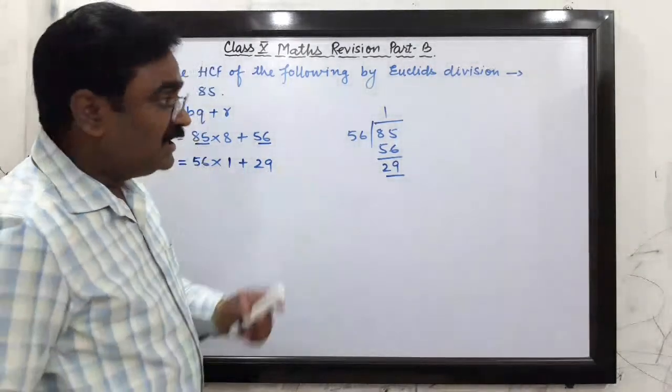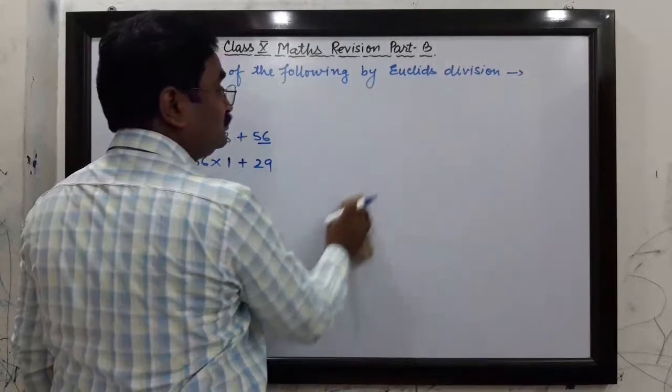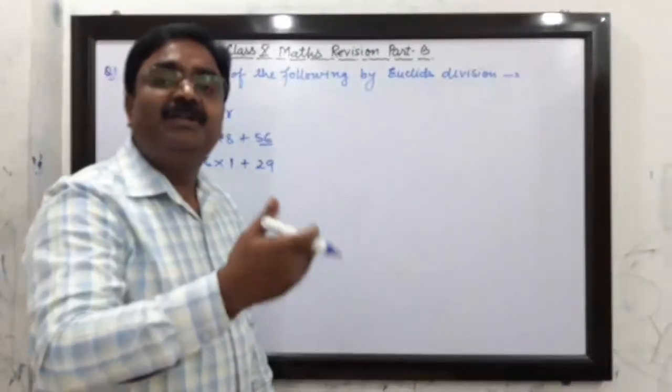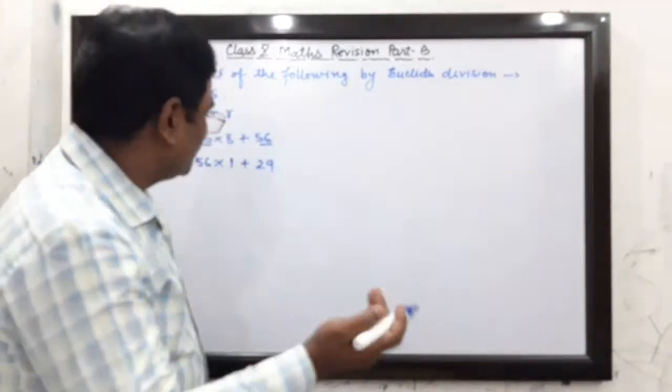Right? Is there any confusion? Now again you have to repeat this process. You can easily get the HCF of these numbers when the remainder becomes 0.